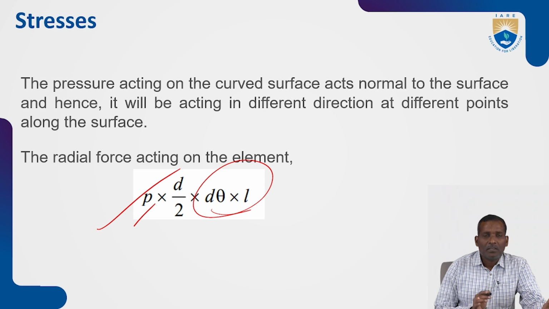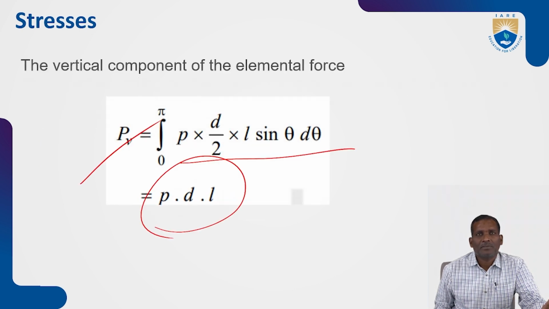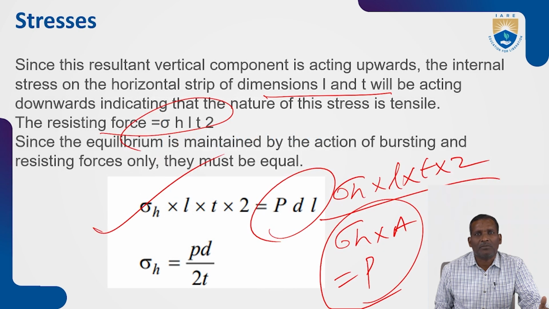The pressure acting on the curved surface acts normal to the surface and acts in different directions at different points along the surface. So whenever you integrate it with limits 0 to pi, we will get that bursting force PdL.